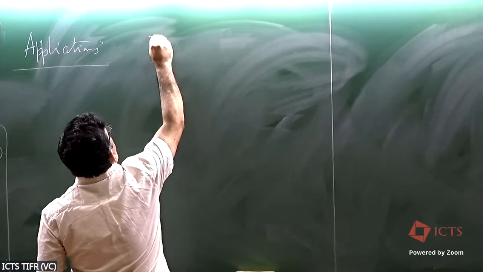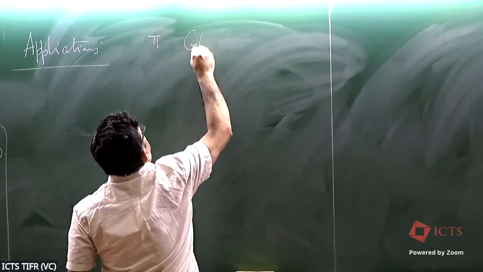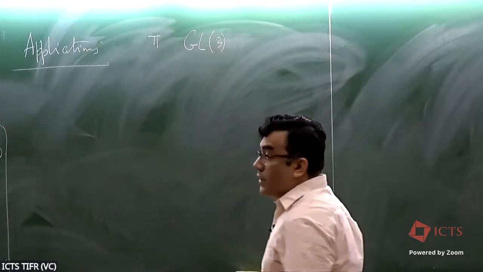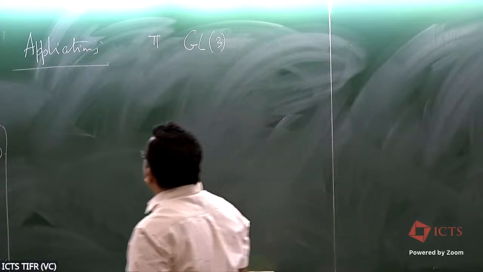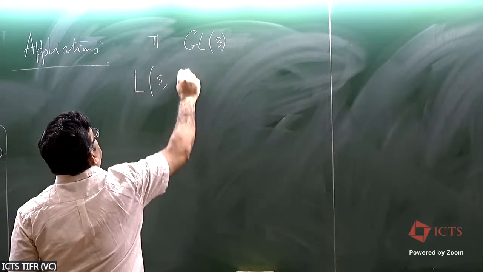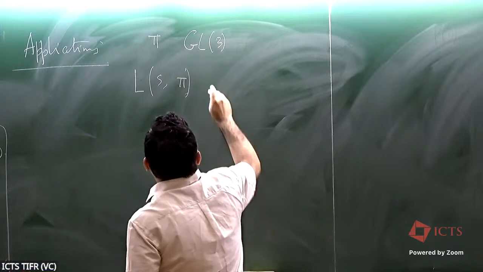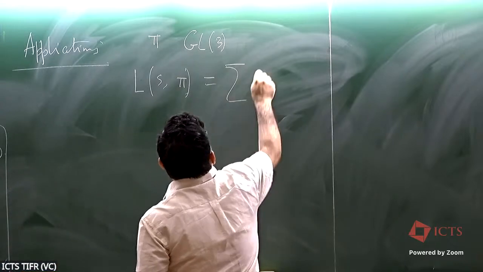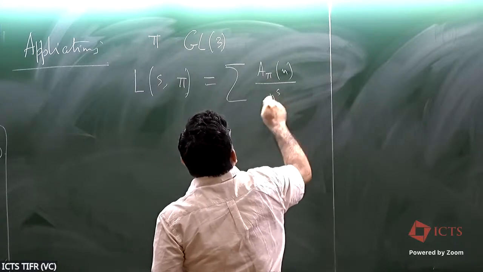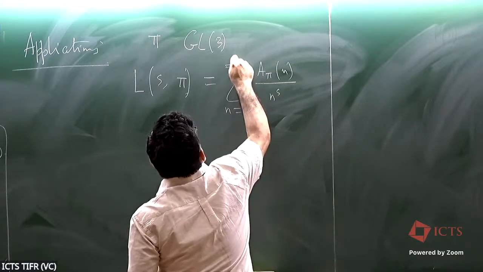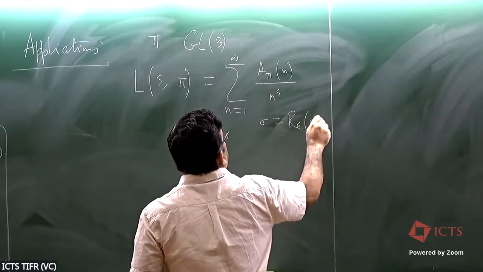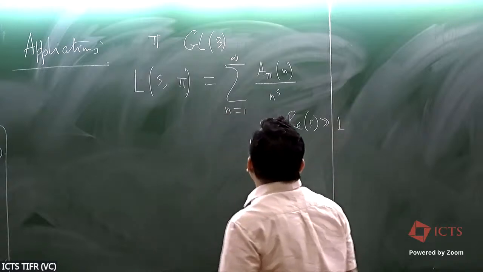So pi will be a GL3 Hecke-Maass form, and we have an associated L-function to it, L(s, pi), which is given by a Dirichlet series, sum of A pi n by n to the power s, n from 1 to infinity, if you take the real part of s sufficiently large.